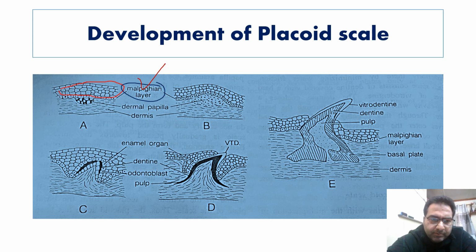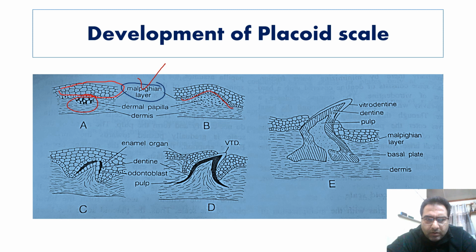Now what is happening here? This dermal papilla is formed, and it pushes the Malpighian layer to form an arch-like structure. The cells of this Malpighian layer become columnar and glandular, forming the enamel organ.